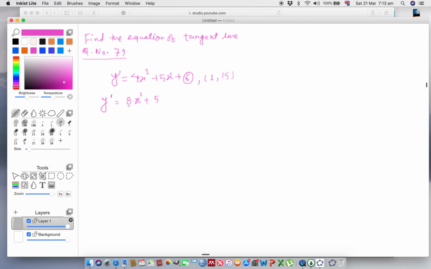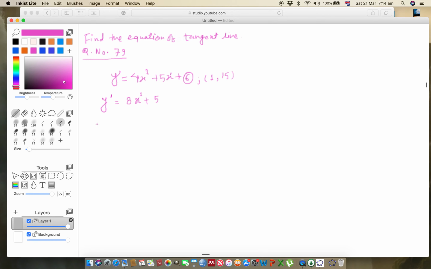So y prime is equal to 8x plus 5. This is the first derivative of the given equation. We can rewrite it as y prime, that is dy over dx.